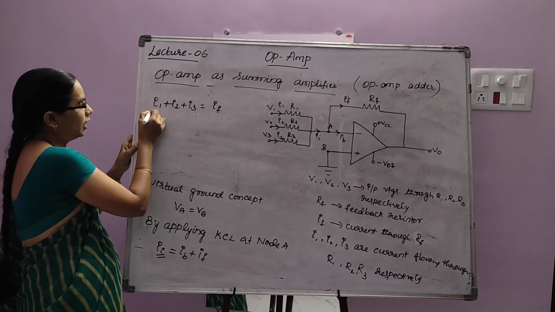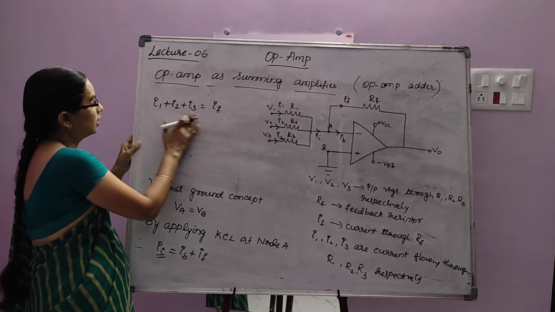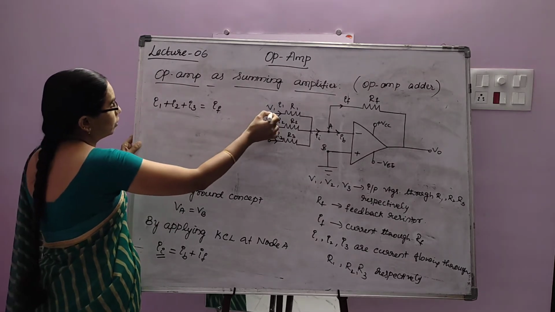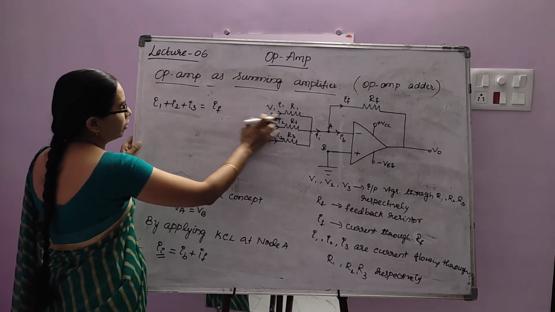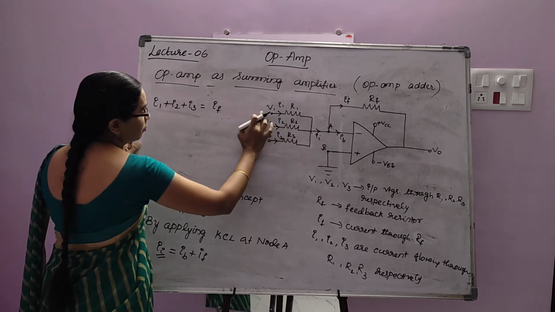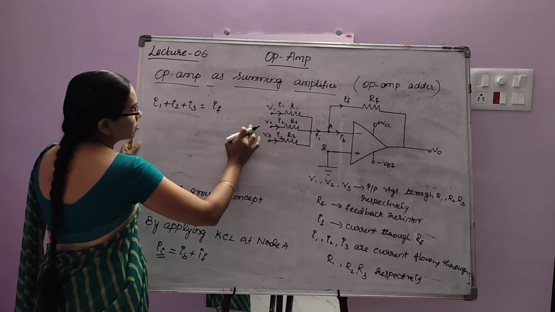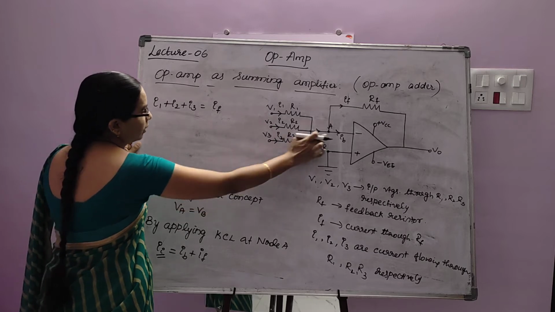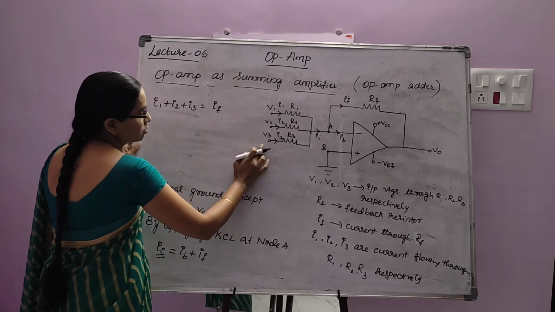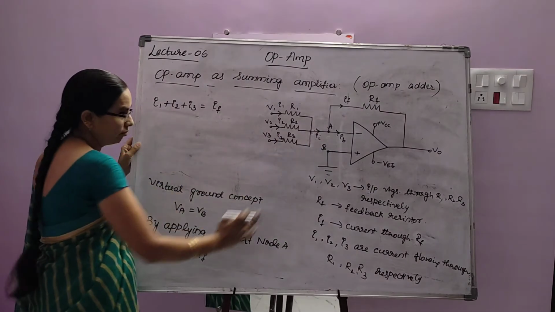So I can be expressed in terms of voltage and resistance. I1 is the current flowing between V1 and the terminal A. Here also I2 is the current flowing between V2 and VA, and same thing with I3, flowing between V3 and VA.